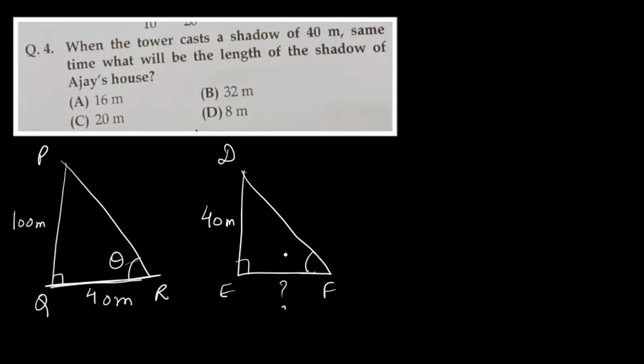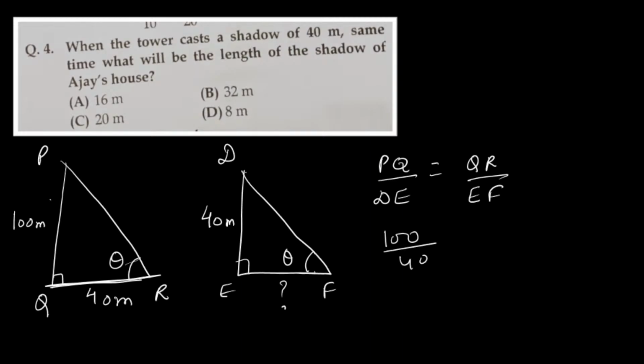Again we have to use the concept of similarity. These two triangles are similar. That means PQ by DE, I am writing the ratio of corresponding sides. PQ's corresponding side is DE and QR's corresponding side is EF. We can just substitute. PQ is 100, DE is 40, QR is 40 again, and EF we have to find.